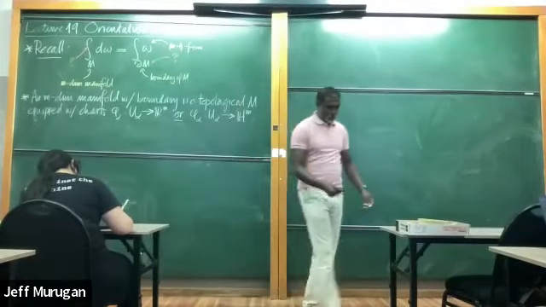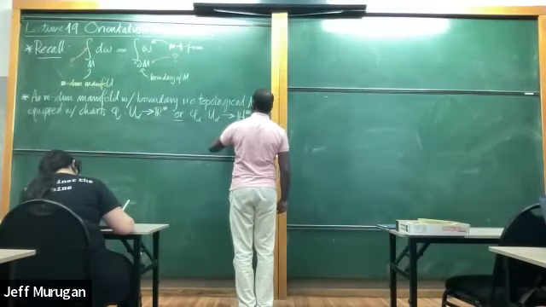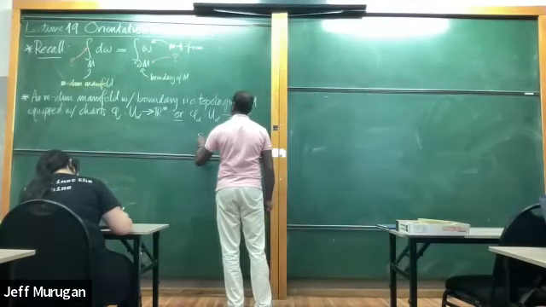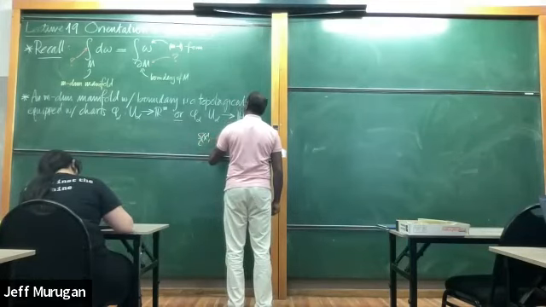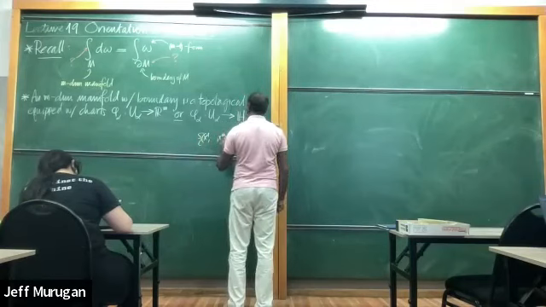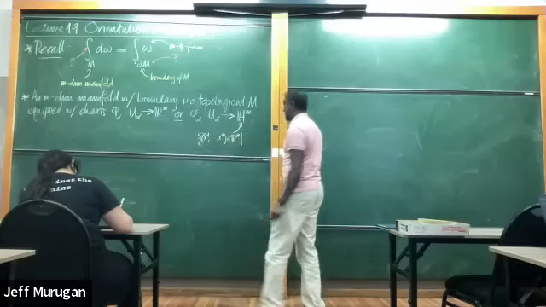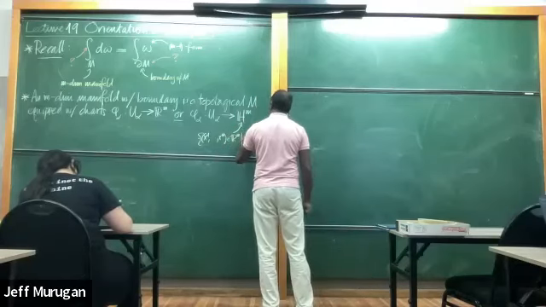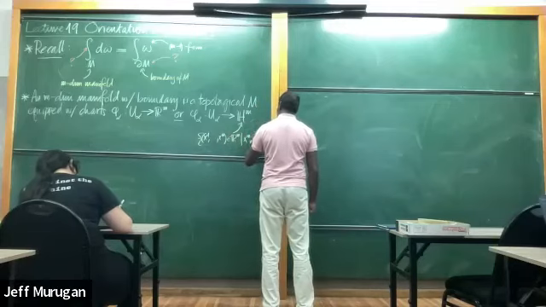H^n is the set of (x1, ..., xn) in R^n such that xn is greater than or equal to 0.